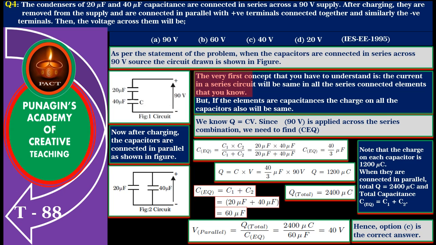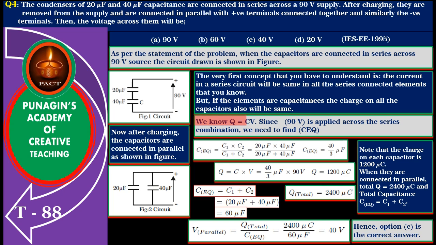The very first concept that you have to understand is that current in a series circuit will be the same in all the series connected elements. But if the elements are capacitances, then the charge on all the capacitors also will be the same.